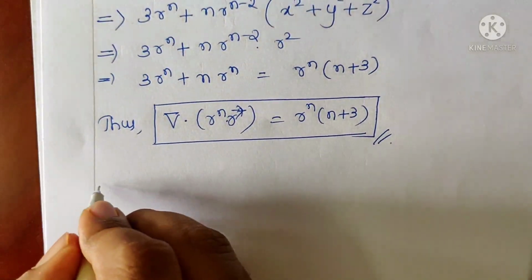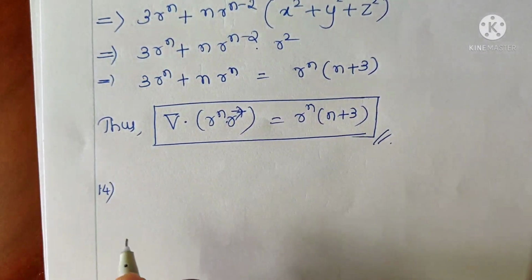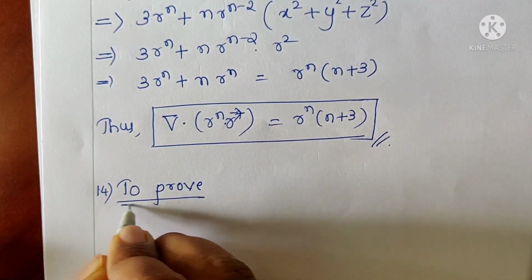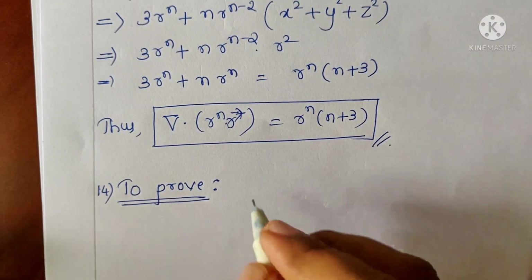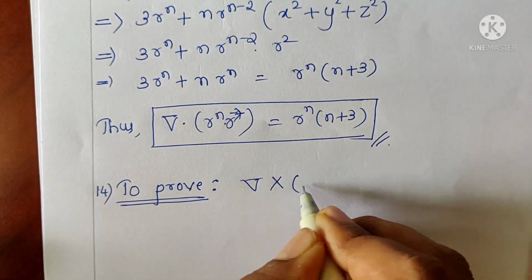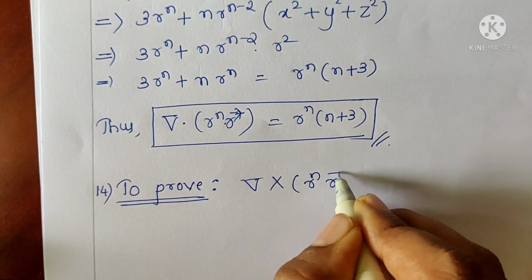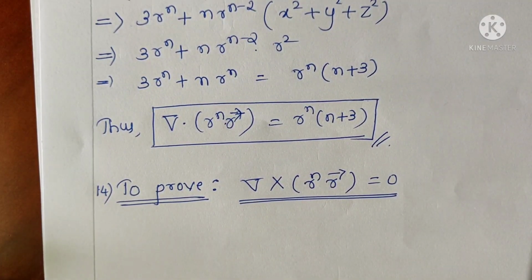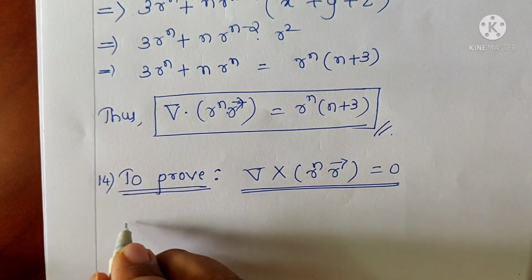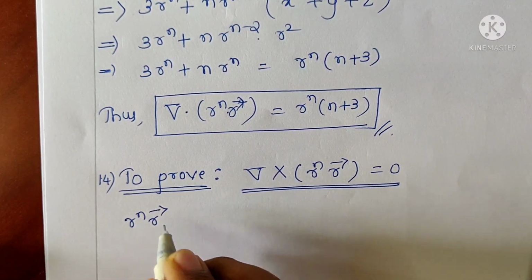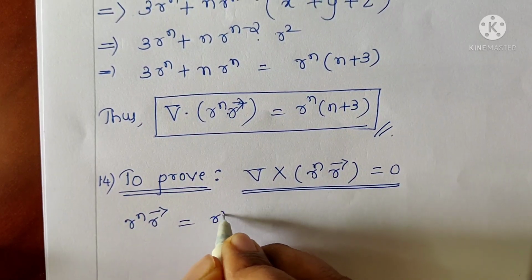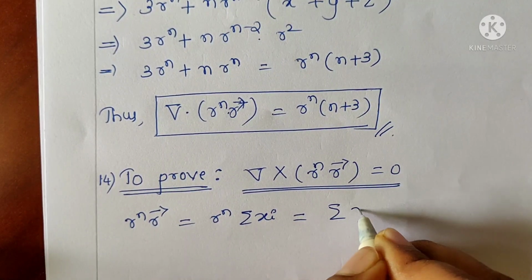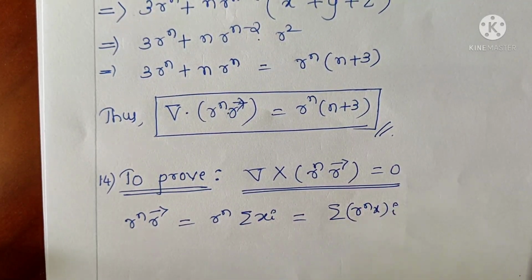Similarly, 14th, that is to prove del cross r^n vector r is 0. So first we find r^n vector r, that is summation of x i, which is nothing but summation of r^n into x into i.